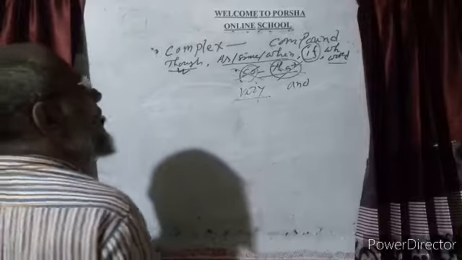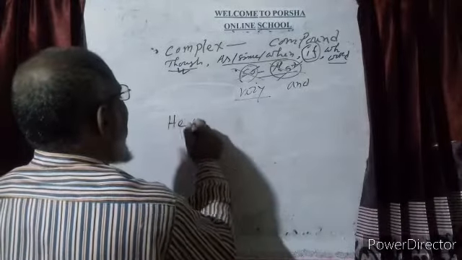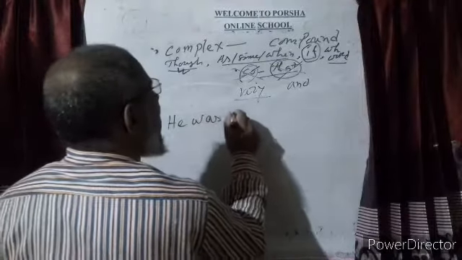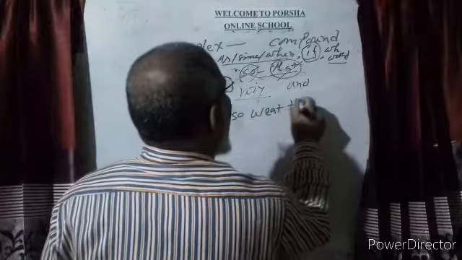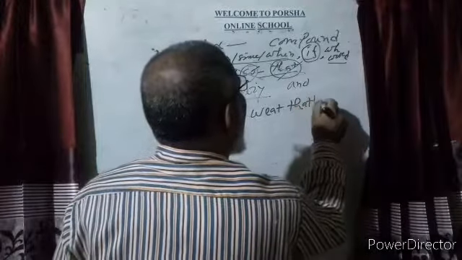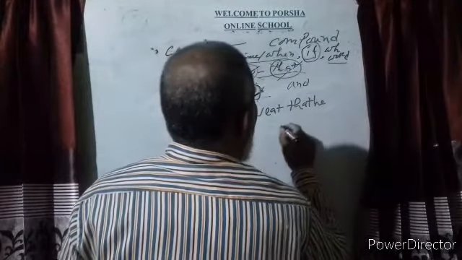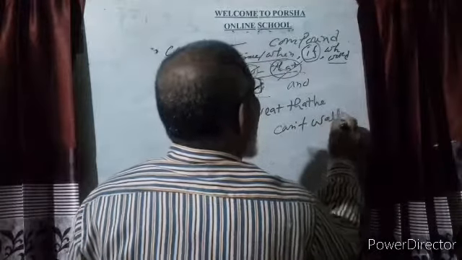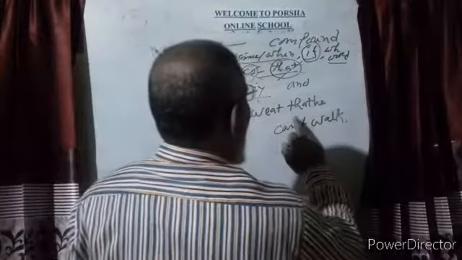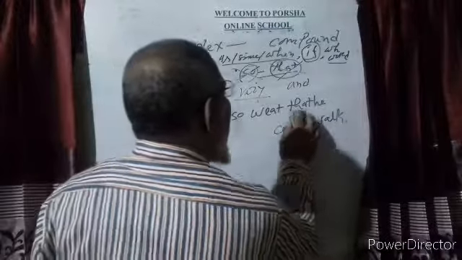Look at the board. I will give an example. He was so weak that he couldn't walk, because the first part is past form.